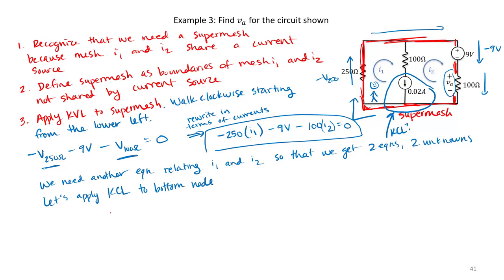So let's take a look at what we have. We have a 0.02 amp source, and then we know that we have I2 going that way. We also have I1 going clockwise around the left loop. What happens if we apply Kirchhoff's current law here?